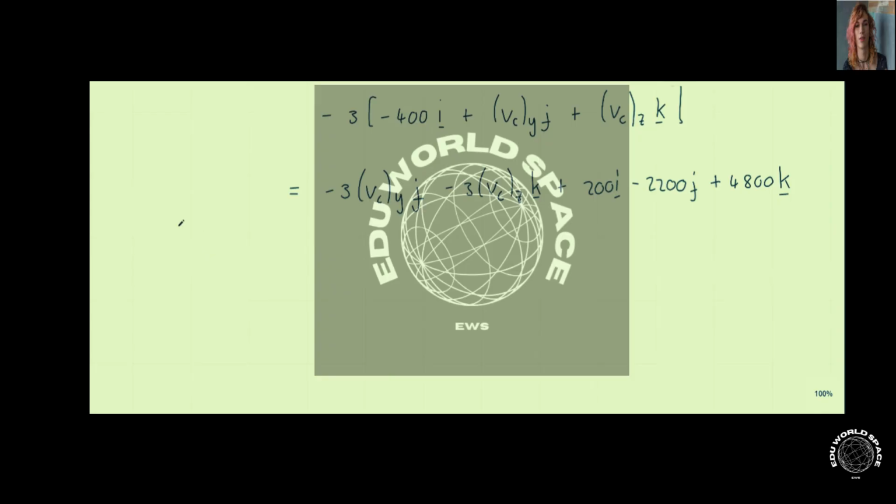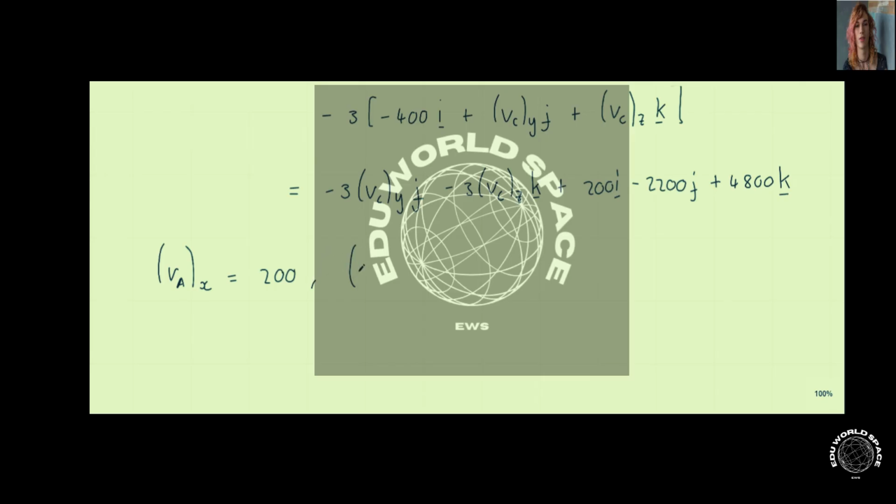So we can see from here that we can find the x, y, and z components of VA. So VA x is equal to 200, looking at the I components.